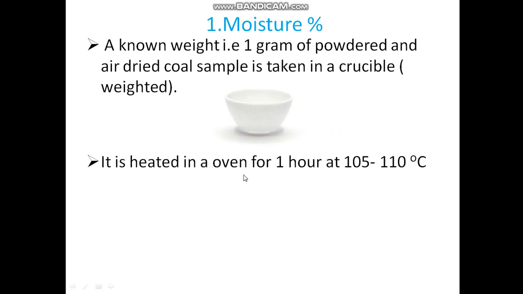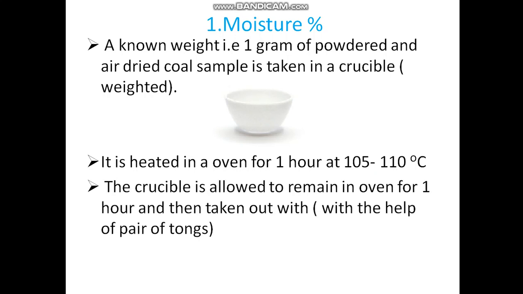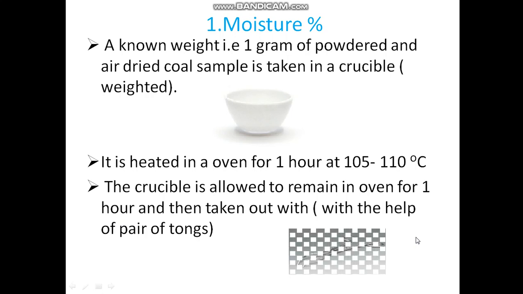It is heated in an oven for 1 hour at 105 to 110 degrees Celsius. The crucible is allowed to remain in the oven for 1 hour. It is then taken out with the help of a pair of tongs.